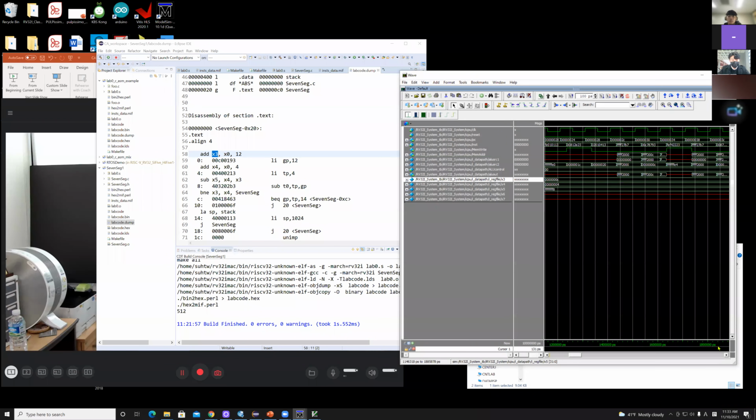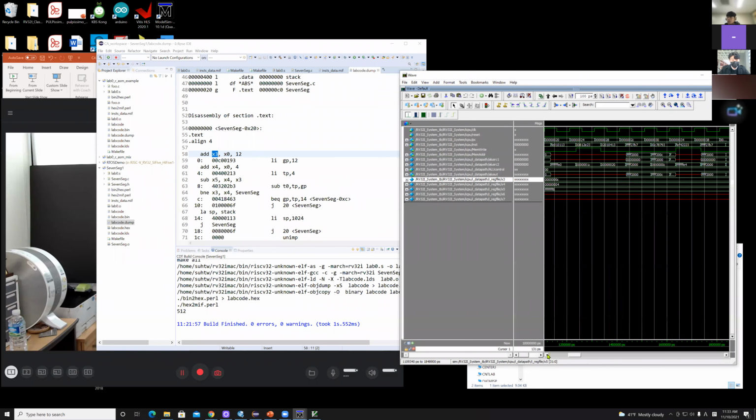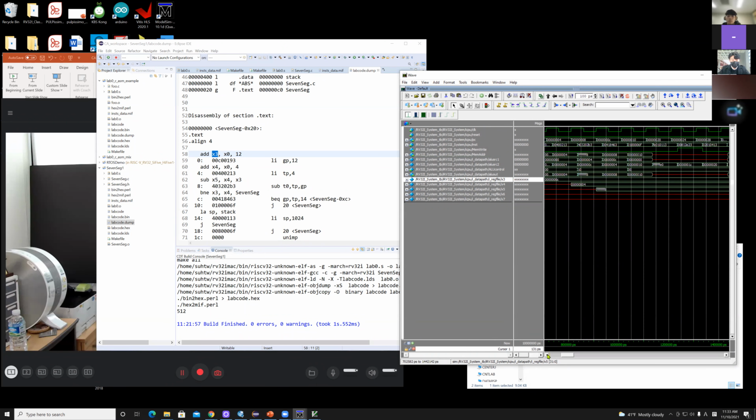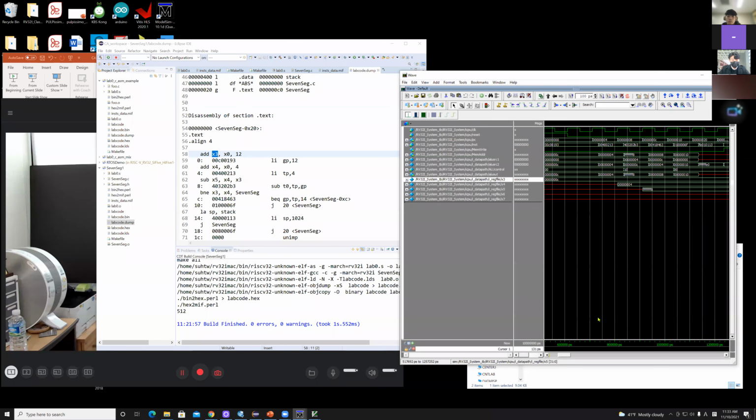It is functionally okay. So the thing you have to see is right after reset. Right after reset, the first instruction gets executed. And the second instruction is updating X4. It is okay now, right? X4 is updated at the rising edge of the clock.